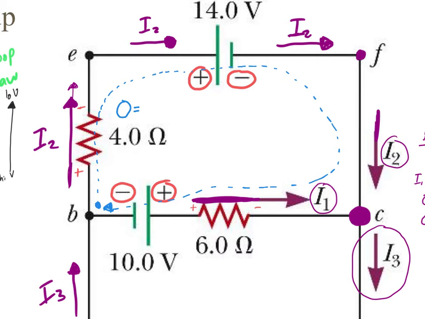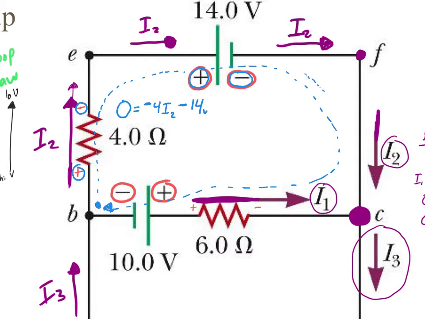firstly, we're going from the high side to the low side of the voltage across the 4 ohm resistor. So that will be a decrease. More so, it's a decrease in 4 ohms multiplied by I2. And we get that from Ohm's law. Next, we're going from the high side of the battery to the low side of the battery. That's a decrease. And that's a decrease of 14 volts. Keep on going around.